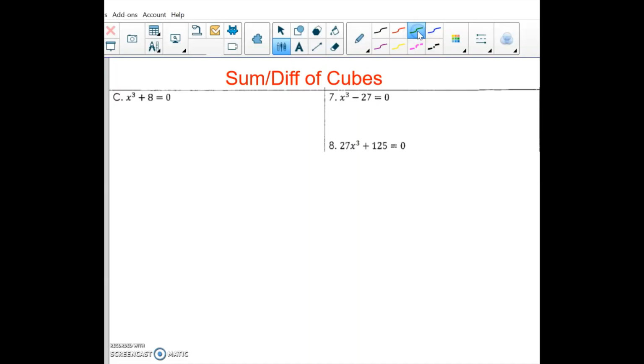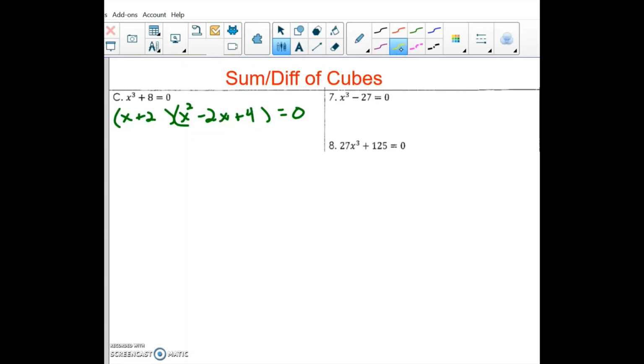Example C brings us to sum and difference of cubes. This is going to be a little bit more difficult. We have a binomial and a trinomial, so we have x plus 2, x squared minus 2x plus 4.